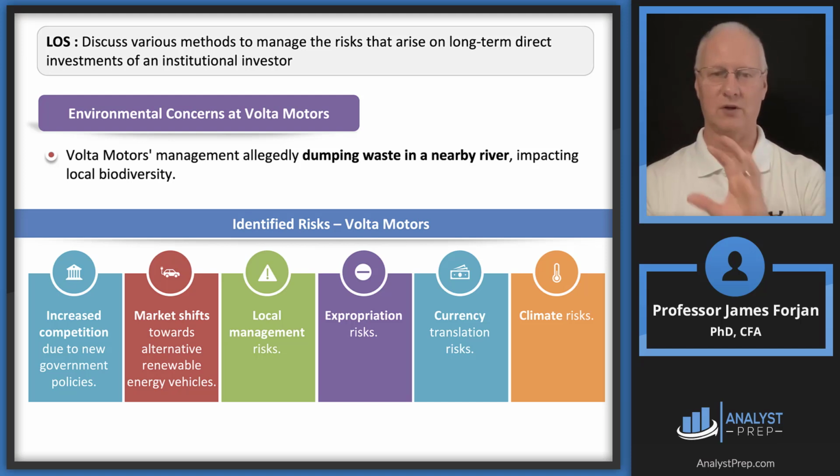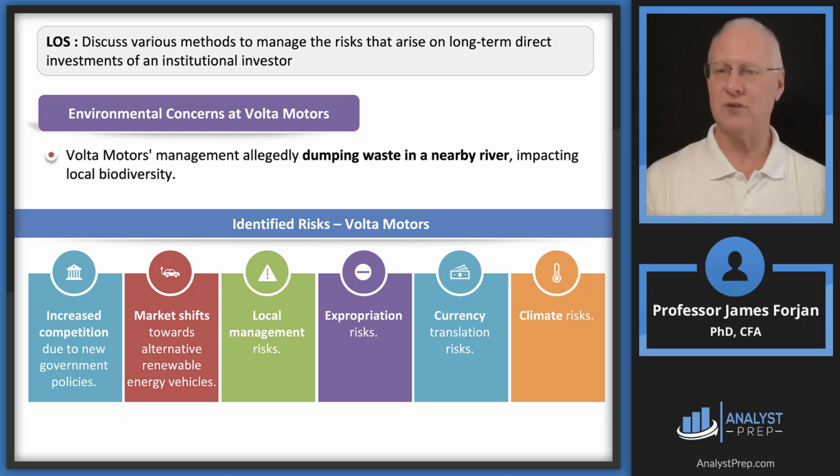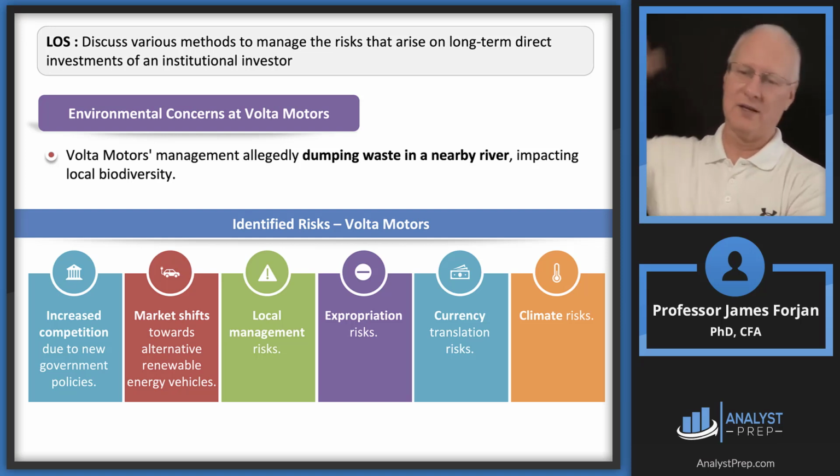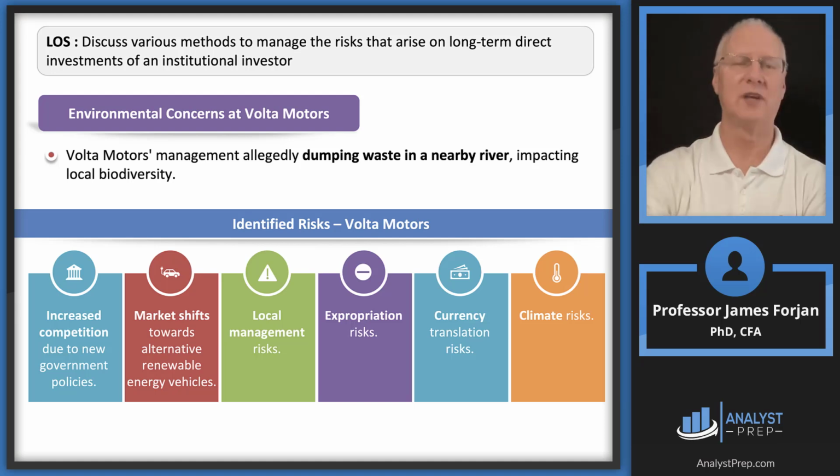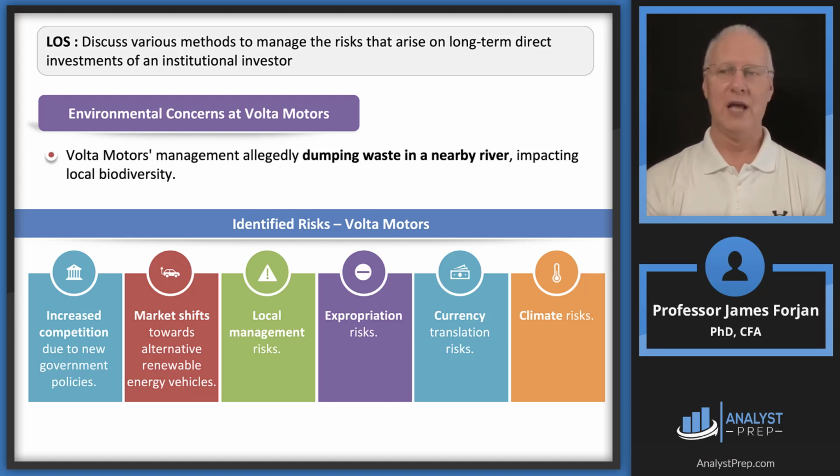So we're trying to maximize our cash flows, but then we have all of these other risks that we're exposed to, not least of which is reputation risk. All someone has to do is take a picture of our board members standing with a bucket and dumping this toxic waste into the river and put it on the front page of every newspaper in the world.